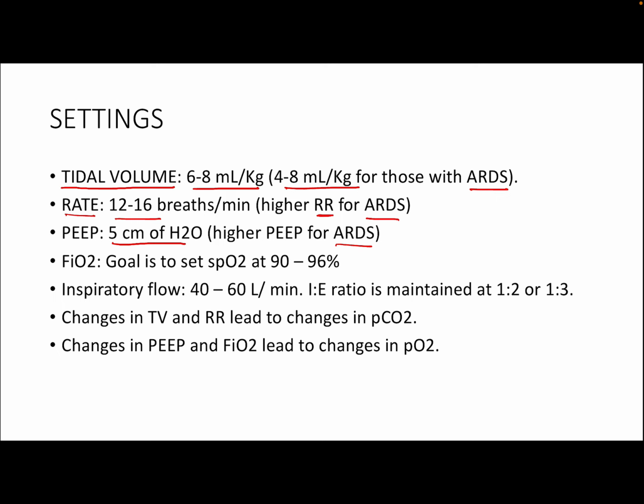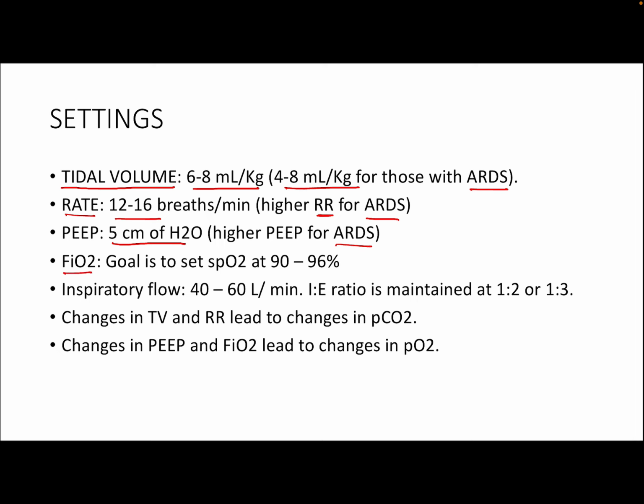Elevated intrathoracic pressure reduces venous return, that reduces cardiac output, essentially leading to hypotension. This, in fact, would be helpful in cases of congestive heart failure, about which I will be talking at the end of this video. A high PEEP can also increase the intrathoracic pressure and reduce cerebral venous return, therefore increasing the intracranial pressure. So these are certain points that you have to keep in mind while setting PEEP in a ventilator.